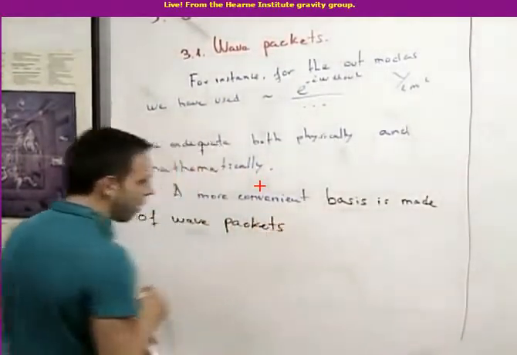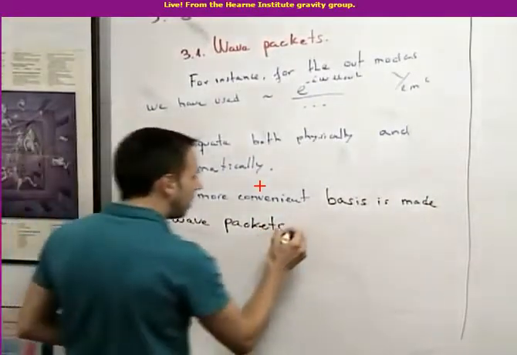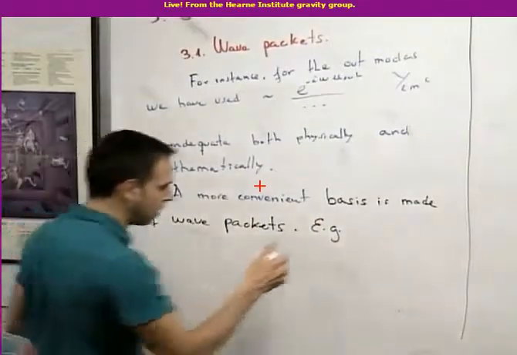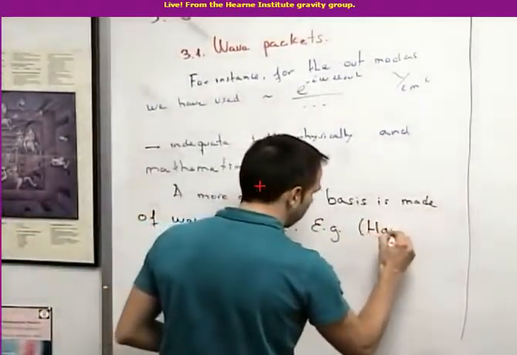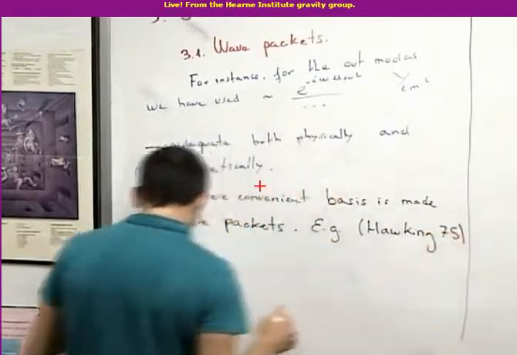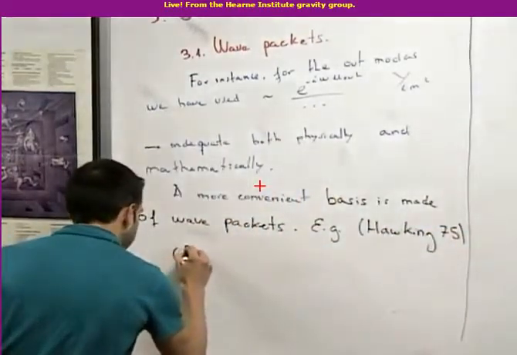There are many ways of writing wave packets. Let me give you one explicit construction of wave packets that was used by Hawking in his paper. A possible choice is the following.